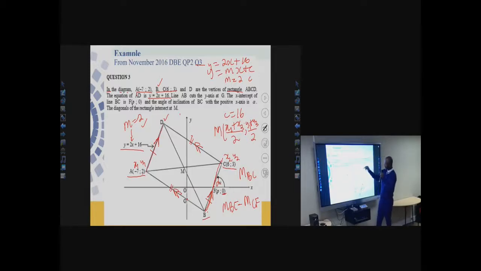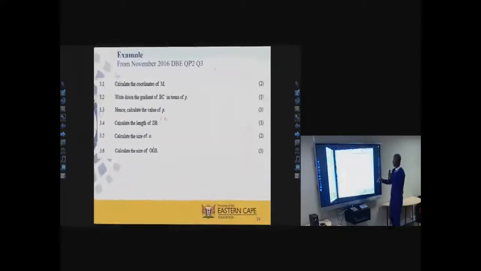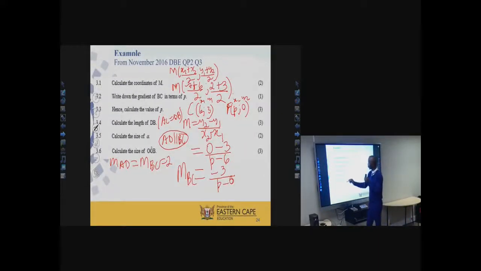It simply means that if the gradient of this line is 2, the gradient is also 2 there. So tan alpha is equal to 2, and therefore alpha is equal to, you press in your calculator, shift tan of 2.